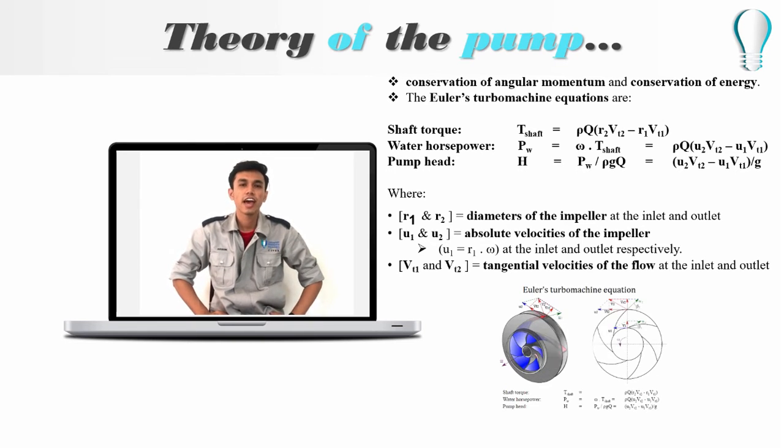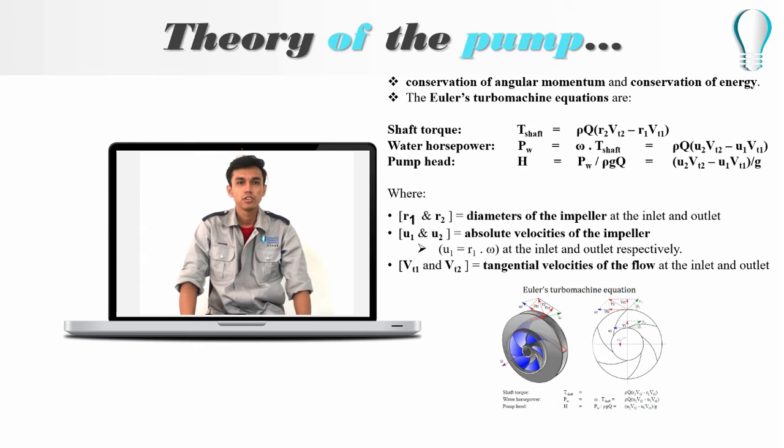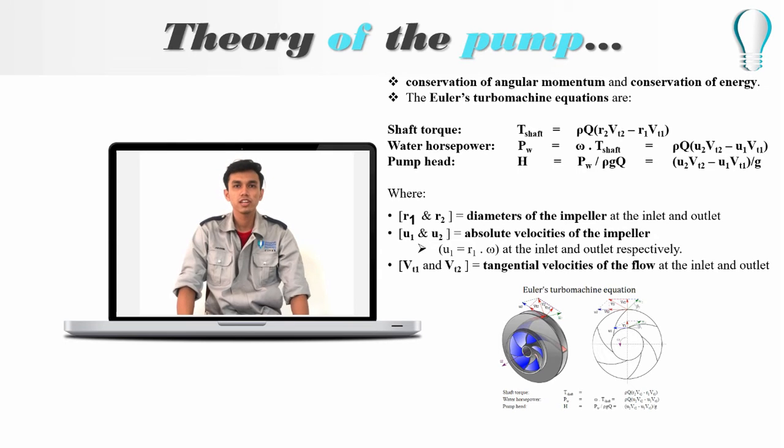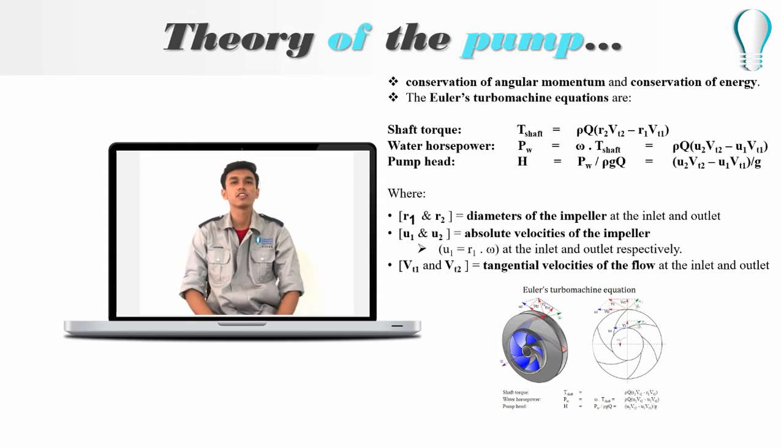As we can see in the picture, the left side of this slide is the Euler turbomachine equation. The Euler turbomachine equation can be used to predict the impact of changing the impeller geometry on the head. It does not matter whether we deal with a pump or with a turbine.